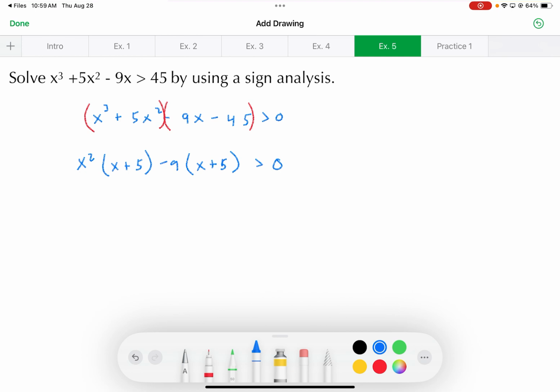And it's not a coincidence that these are the same. We need them to be the same for this technique to work. Essentially what we have at this point is a common factor of x plus 5 that we can factor out and make this into x squared minus 9 times that common factor of x plus 5.